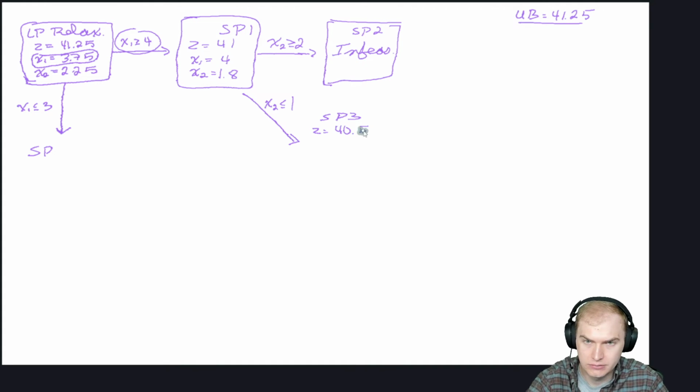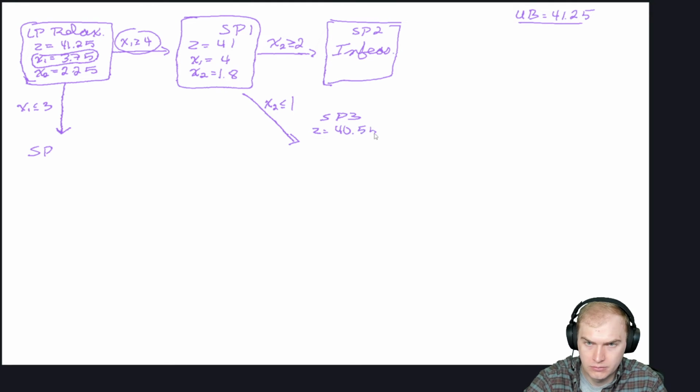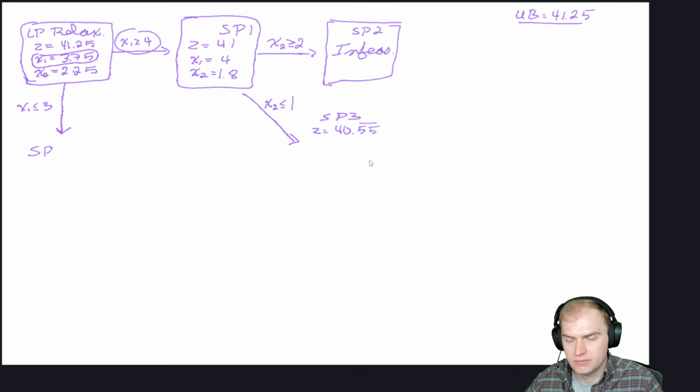What was it? 40.55 repeating, etc. X1 was 4.44 repeating, and X2 was 1.